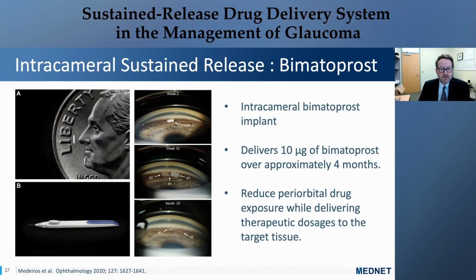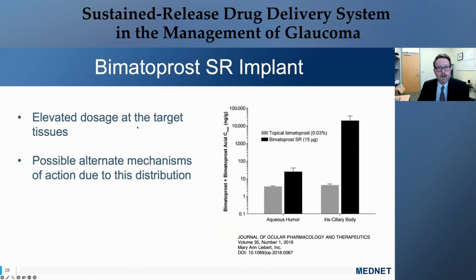The theory is that it's delivering drug into the intracameral space right to the target. So it reduces periorbital drug exposure while delivering a really very therapeutic dosage of medication to the target tissue, which is the uveoscleral pathway. And this has been shown in animal studies, right?